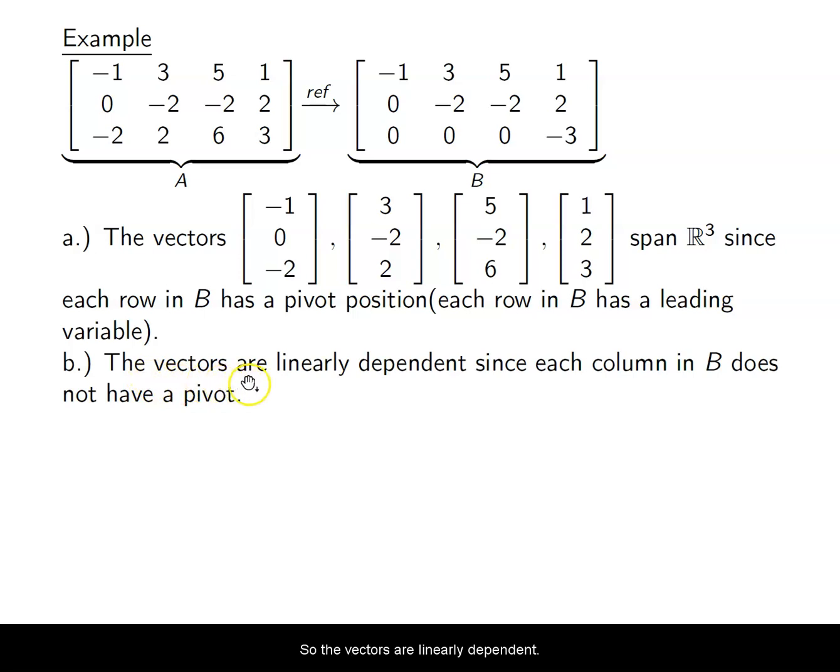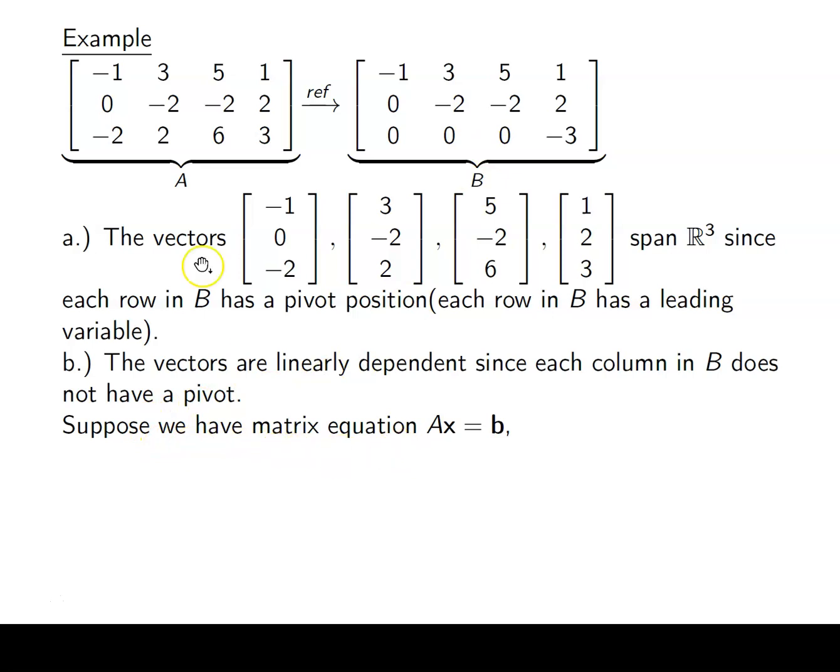So the vectors are linearly dependent since each column in B does not have a pivot. Pivot in this column, pivot here, does not have a pivot, has a pivot. There's a free variable. So suppose we have a matrix equation, AX equals B, not this B, a column vector B, our right-hand side, where B is not 0.